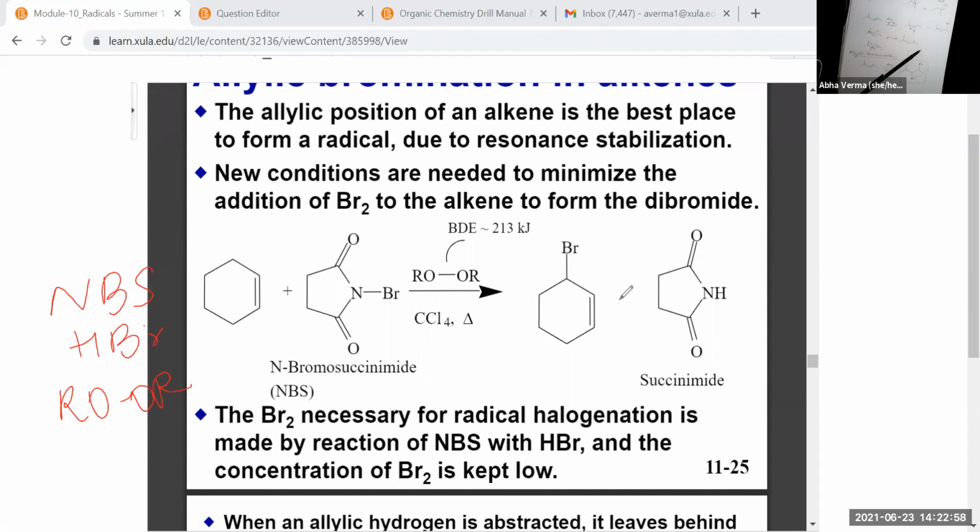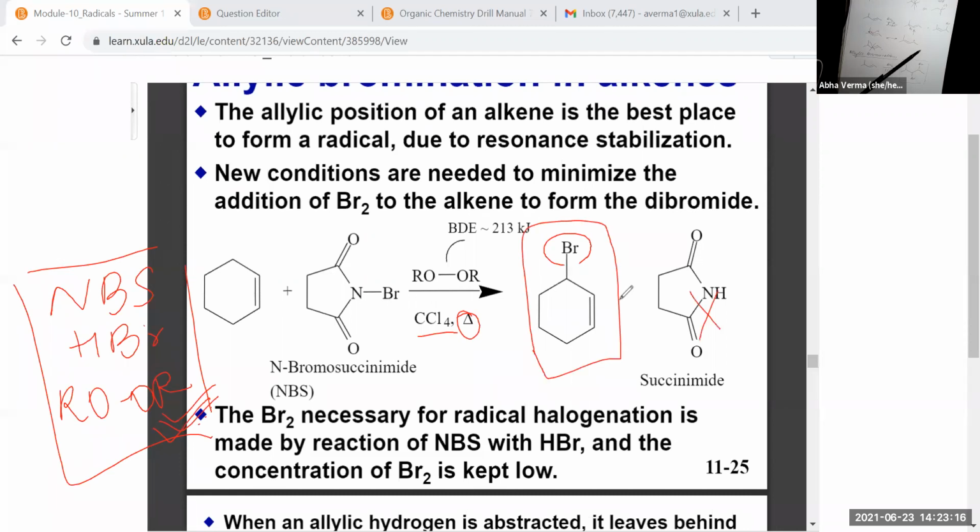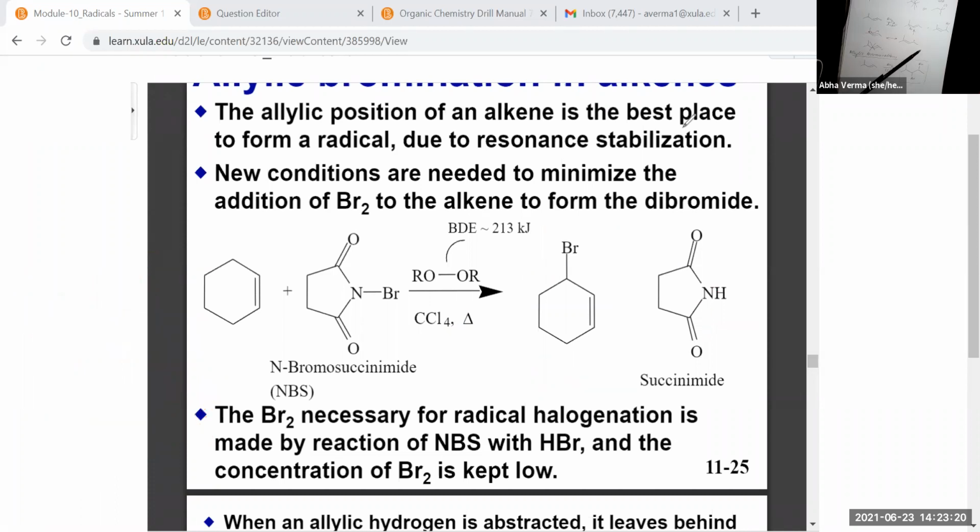It could be R, it could be O. And of course, the heat in your reagents. So whenever you have these conditions, always make sure that you do an allylic bromination. This is your major product, not this. Of course, this is the side product that forms, but you don't have to worry about that.